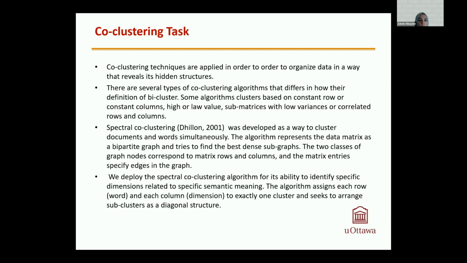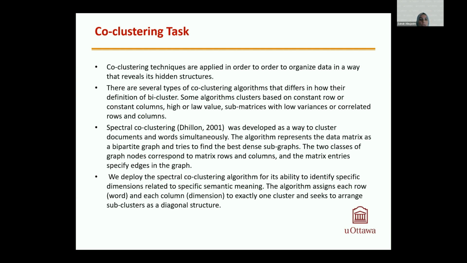This algorithm was developed to cluster documents and words simultaneously. The algorithm represents the data matrix as a bipartite graph, and it tries to find the best dense subgraphs. The two classes of graph nodes represent the rows and the columns. In our case, the rows are the words and the columns are the dimensions, and the matrix entries specify the edges in the graph.